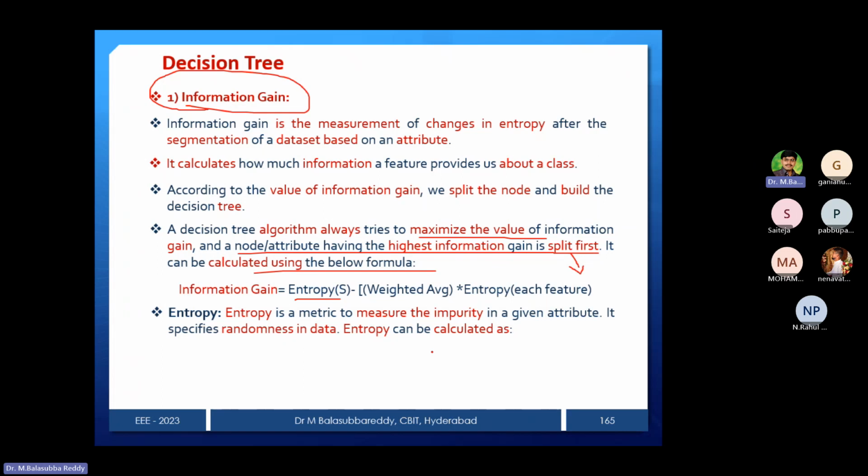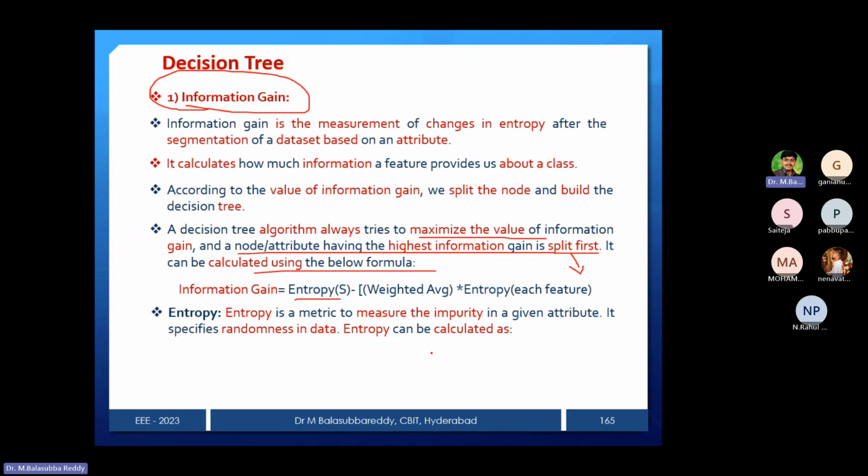Now your feature may be a weather condition. So we take the entropy of yes or no based on the situation, and you have to take the weighted average, and then the entropy of the weather or of another feature, something like that. And what is entropy? Entropy is a metric to measure the impurity in a given attribute.